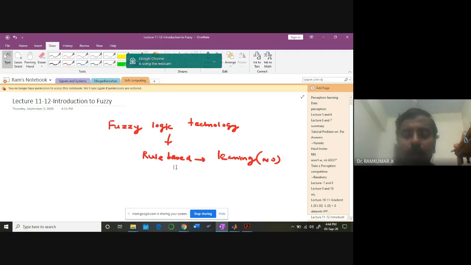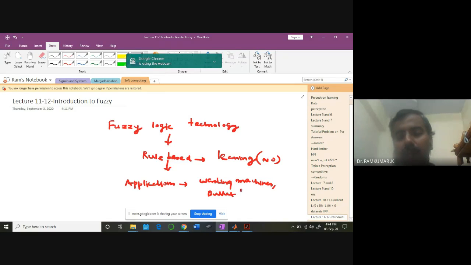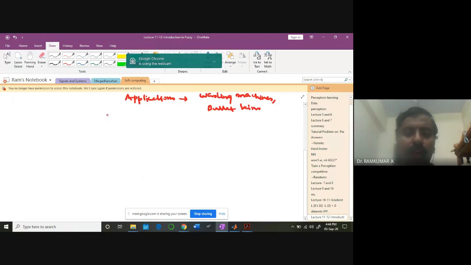So this fuzzy logic technology, in fact, they applied it for a lot of real world products: washing machines, bullet train, camera, a lot of real world electronic goods and products.